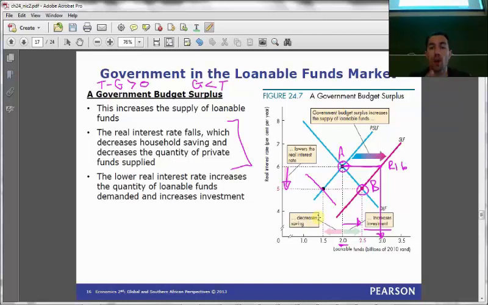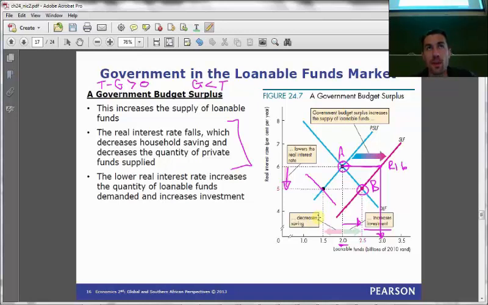Do you mean the demand for loanable funds curve or some other demand curve? This one here. As the interest rate decreases, we have a movement along a demand or a supply curve, right? And investment is the demand side of the loanable funds market.